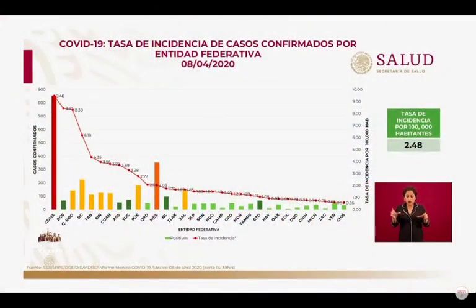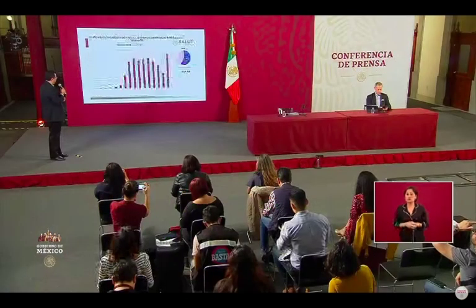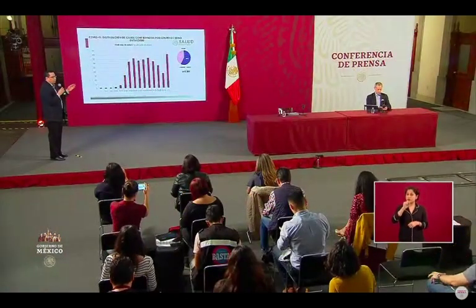So this number that we present here is the number of cases per 100,000 citizens in each state. Of course, Mexico City keeps leading the way, and now is also being joined on the statistic by some states in the northern part of the country.